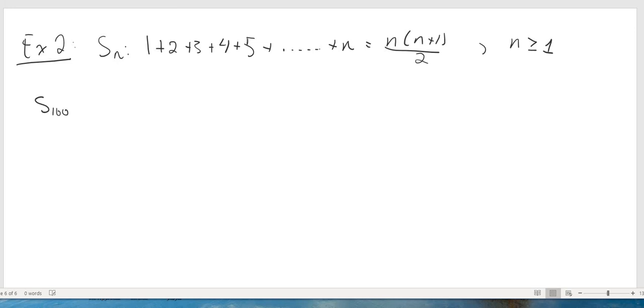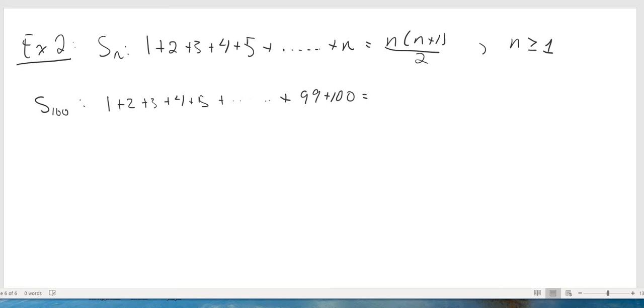That means you're going to take the number 1 plus the number 2 plus the number 3 plus the number 4 plus the number 5 plus 99 plus 100. Well, that would take you a while.